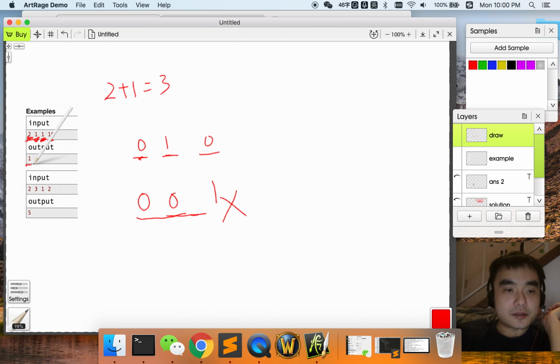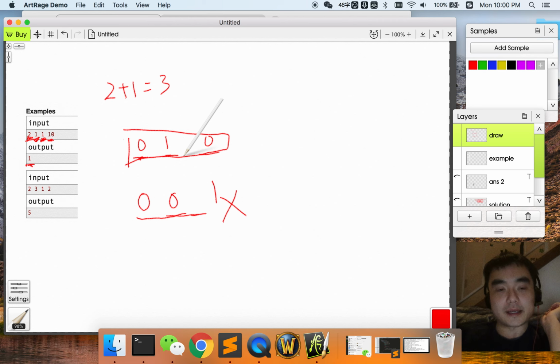And the output is the number of valid placements. So for the first example, we only have this placement. Just one array that satisfies all these constraints. So let's try another array.